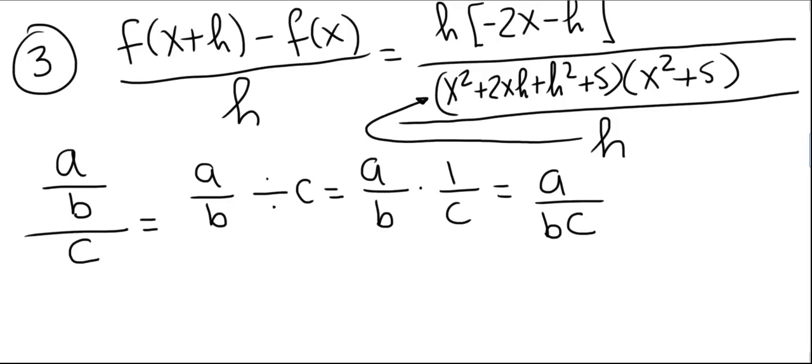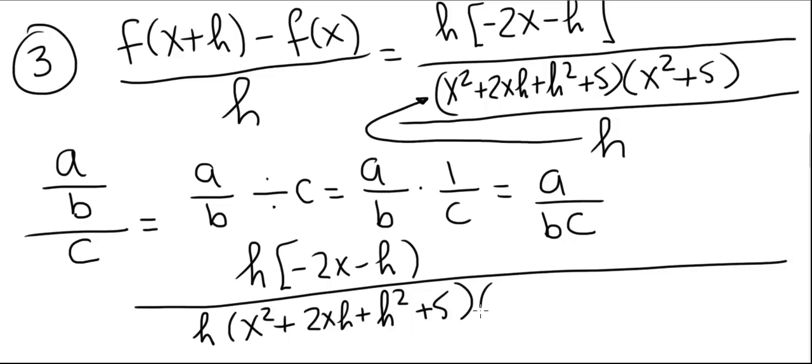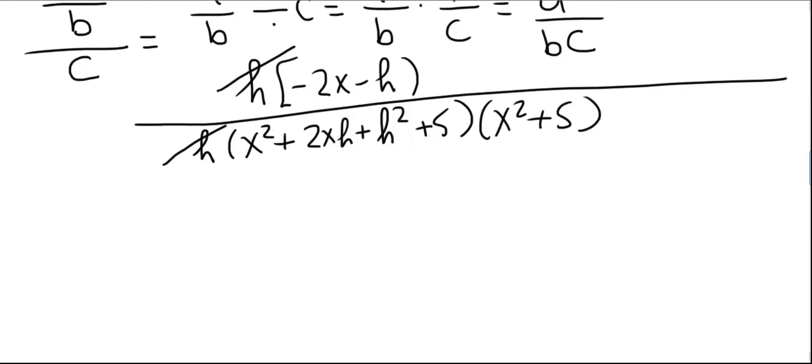And this is h times minus 2x minus h divided by h times x squared plus 2xh plus h squared plus 5 times x squared plus 5. And here's the goal of the end of step 3. We want the h's canceled, and that's exactly what happens here. The h's have been canceled, and now we can summarize step number 3.